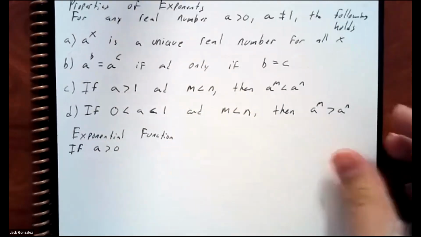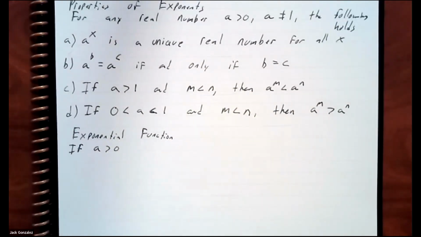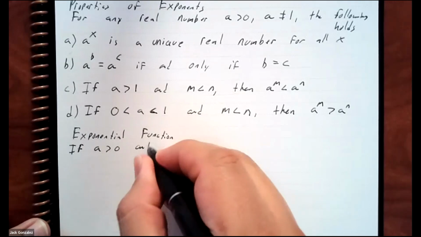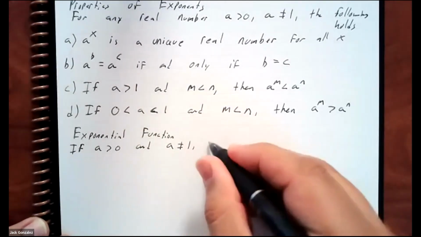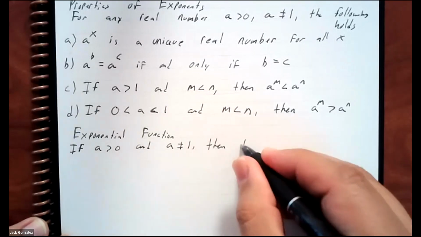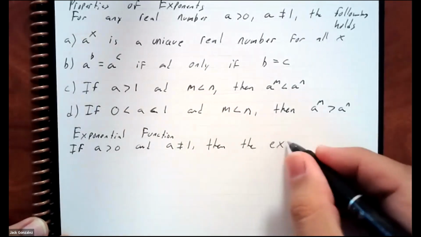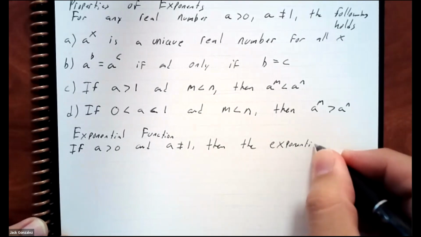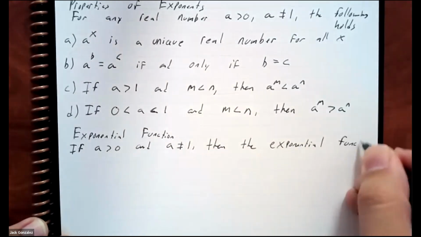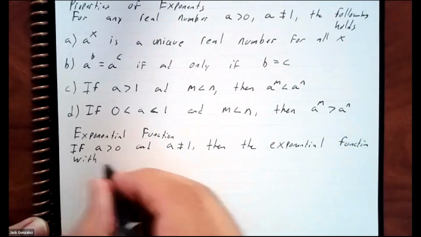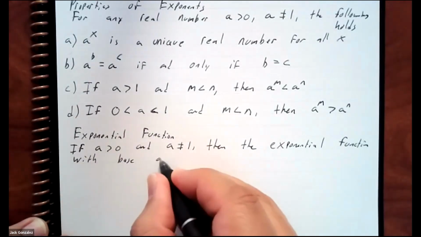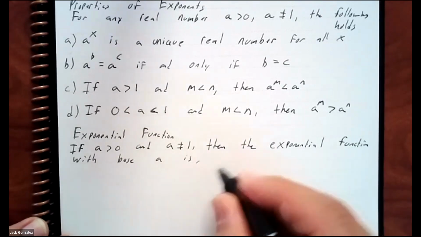Let me give you the definition of an exponential function. If A is greater than 0 and A is not equal to 1, then the exponential function with base A is this guy.